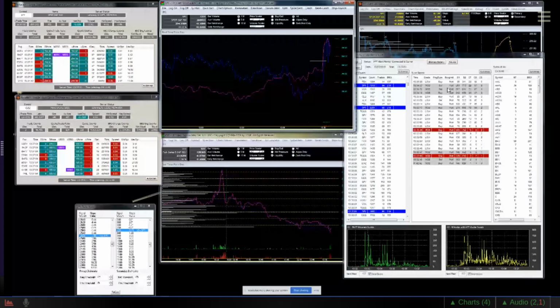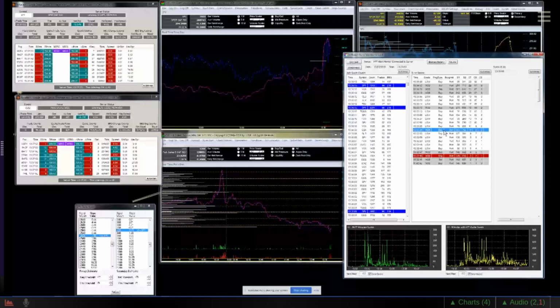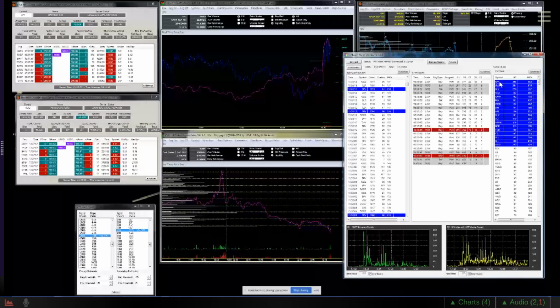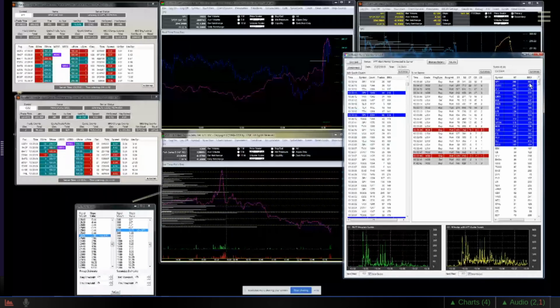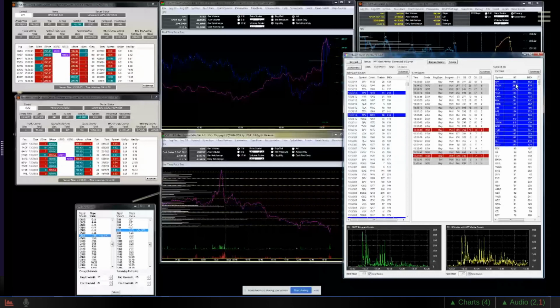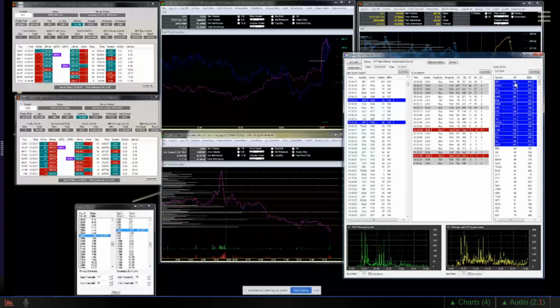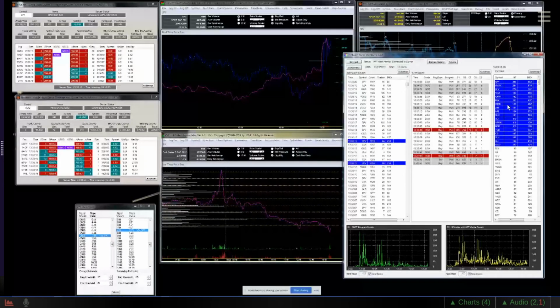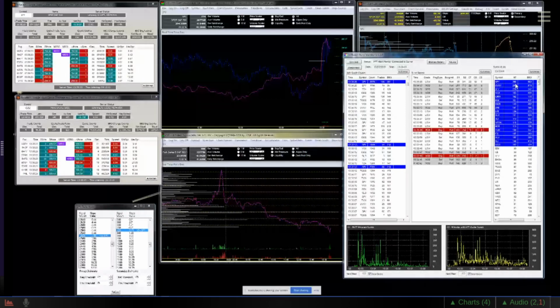Let's look at some of these trade rates on this big buy program here. All right, so in that second, the NBBO changed 863 times, and there were 396 SPY trades in that single second. I've seen 42,000 SPY trades in 1 second, and there was a $1.50 spread between the high and the low during that 1 second period of time.